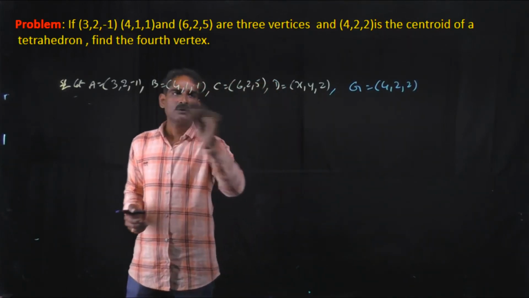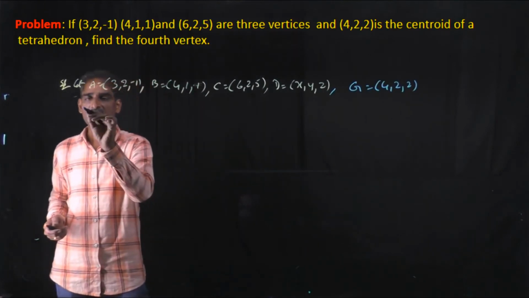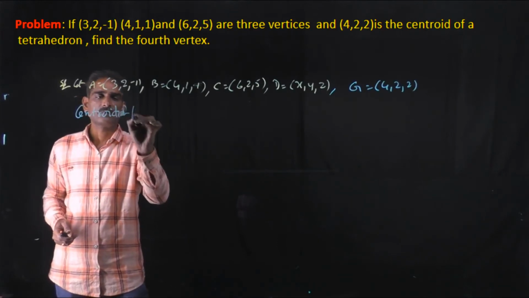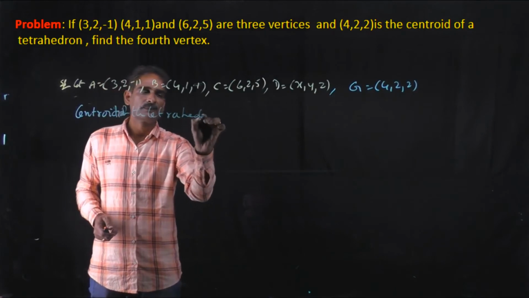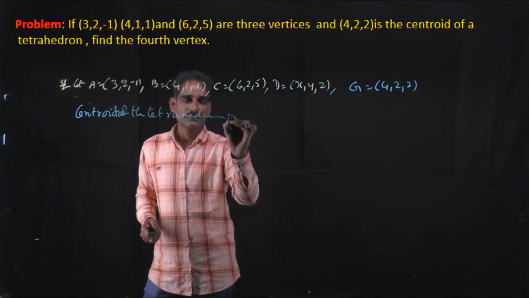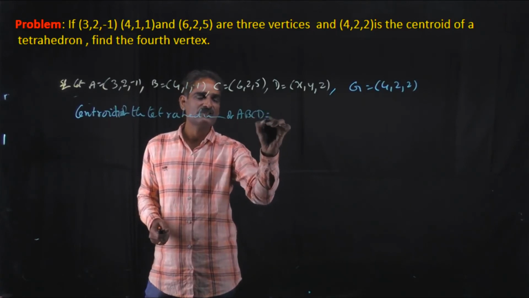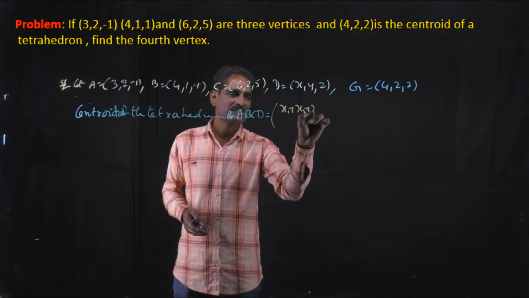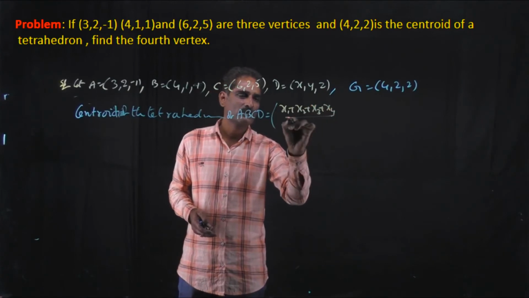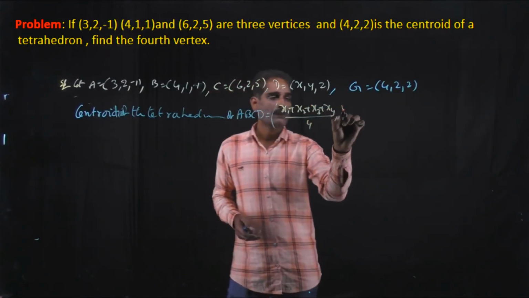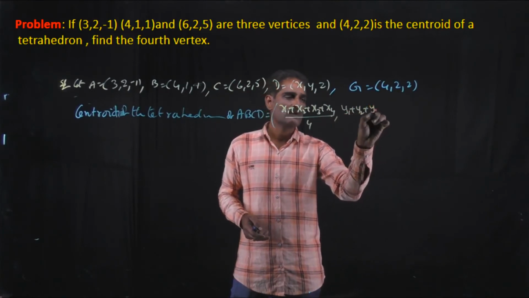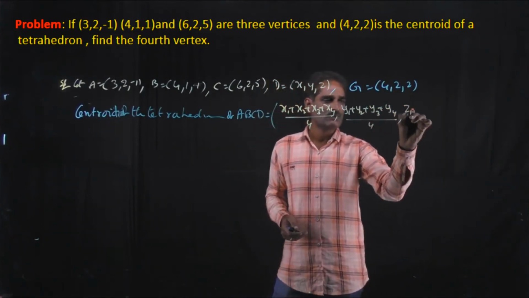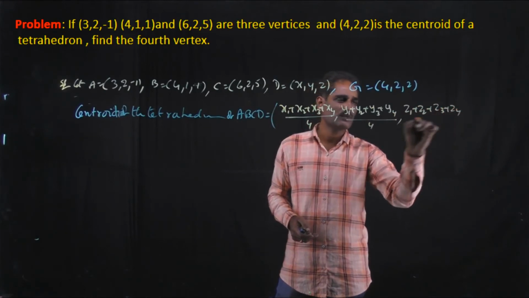So now apply the centroid formula for these 4 points. The centroid of the tetrahedron ABCD is ((x1 + x2 + x3 + x4)/4, (y1 + y2 + y3 + y4)/4, (z1 + z2 + z3 + z4)/4).